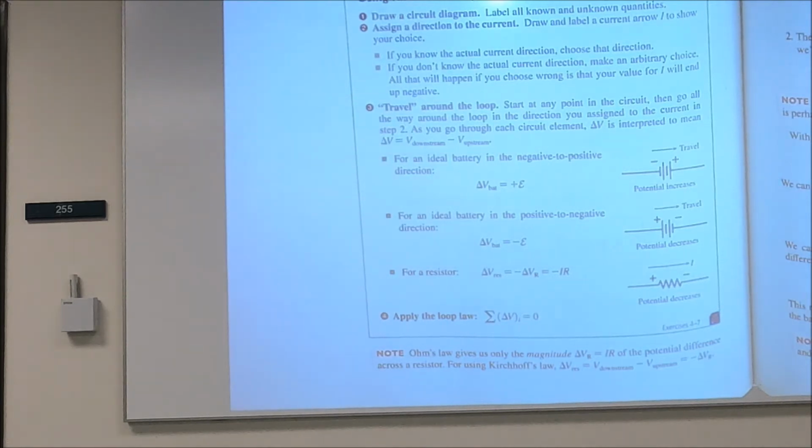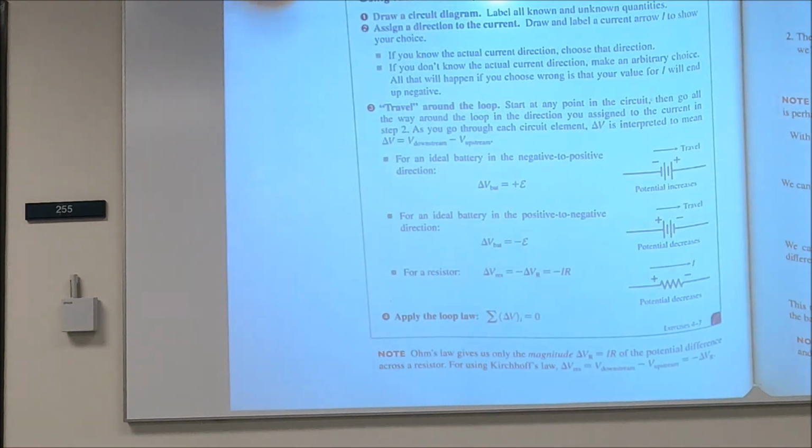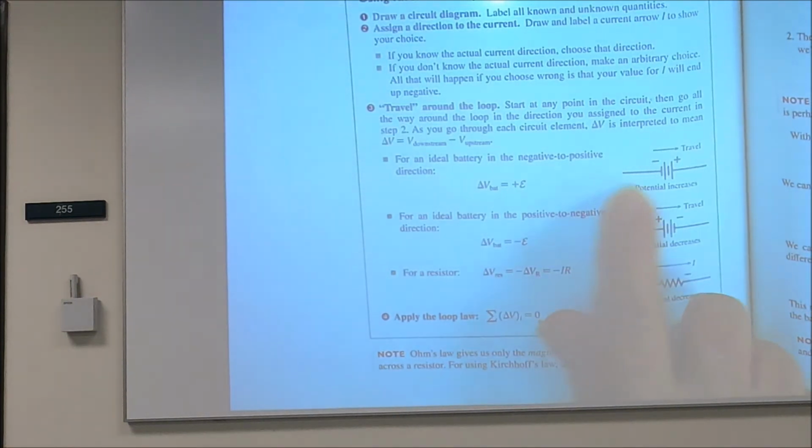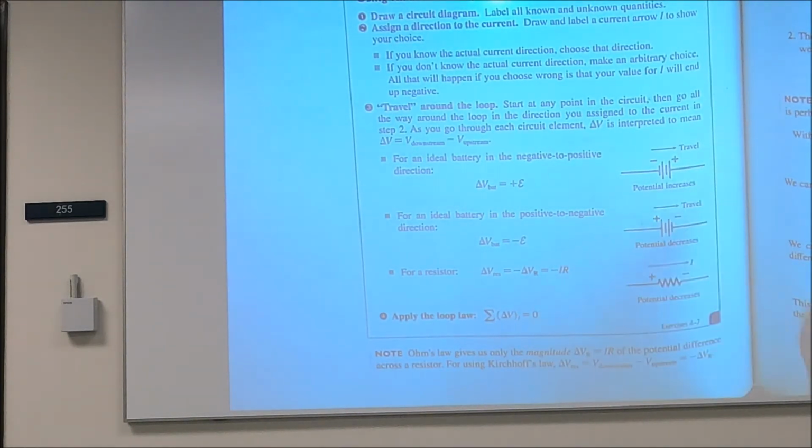Okay? Travel around the loop. Start at any point in the circuit, then go all the way around the loop in the direction you assign the current. As you go through each circuit component, delta V is interpreted to mean V downstream minus V upstream. So when I go through a battery from negative side to positive side, delta V is positive.